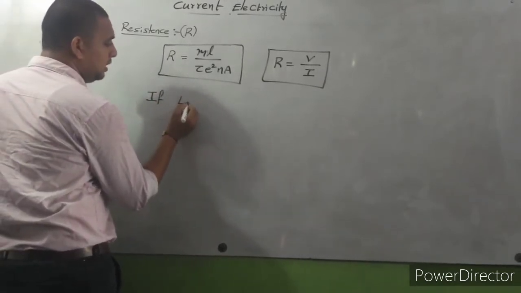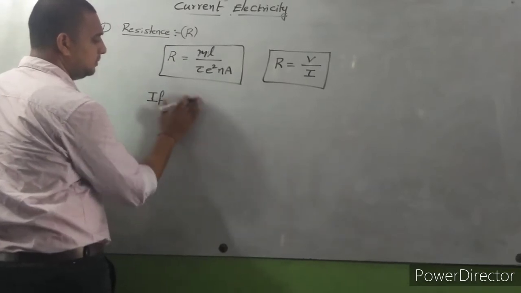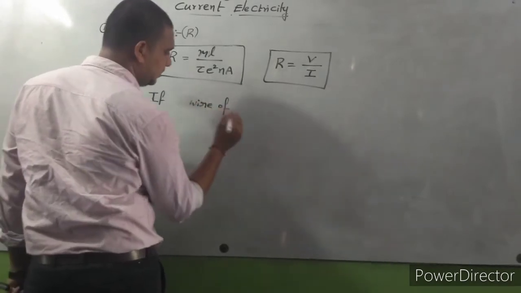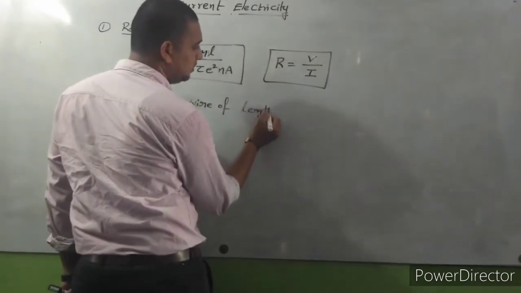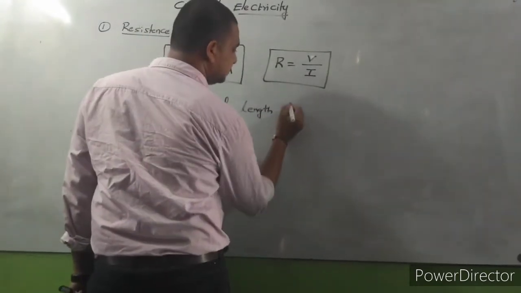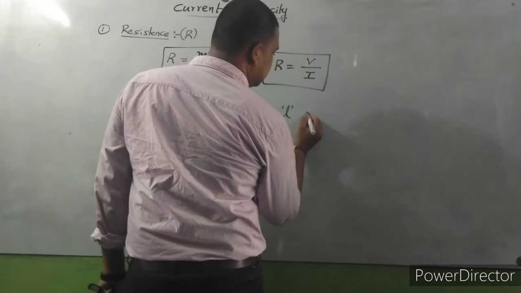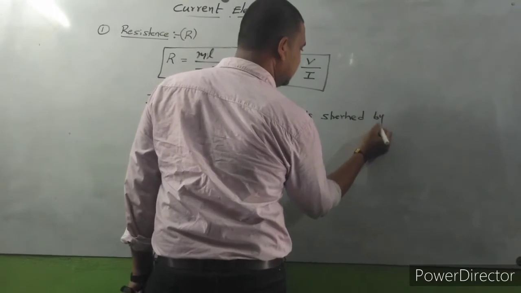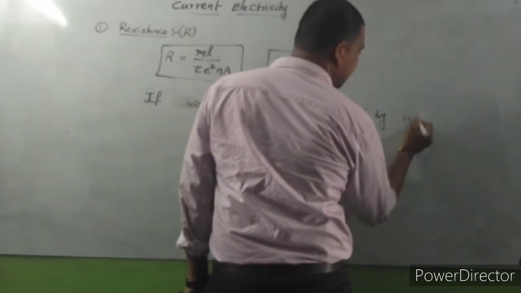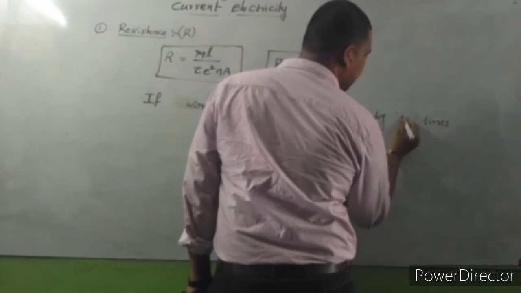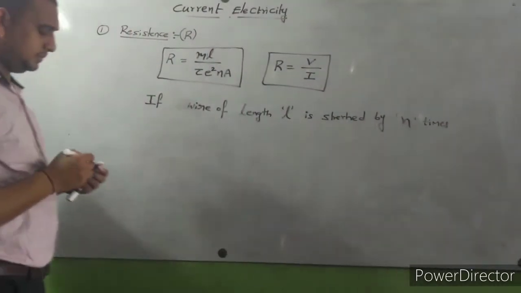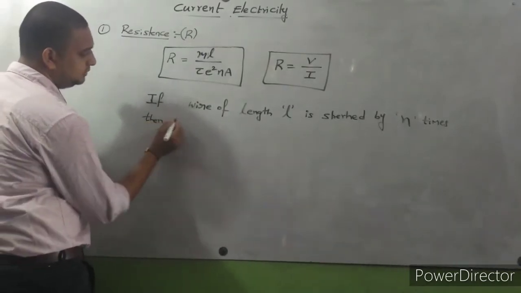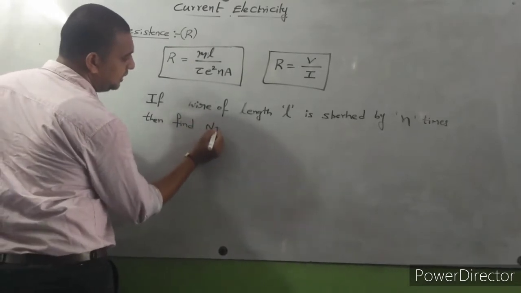If a wire of length L is stretched by n times, then find the new resistance.